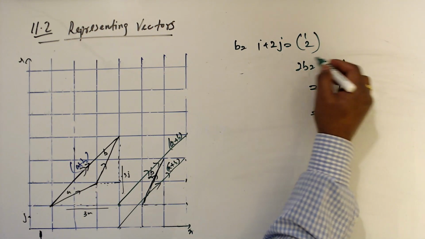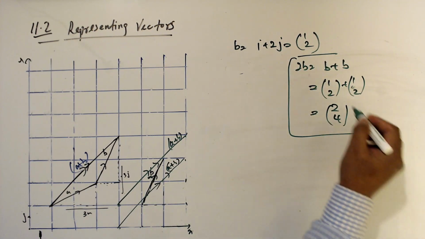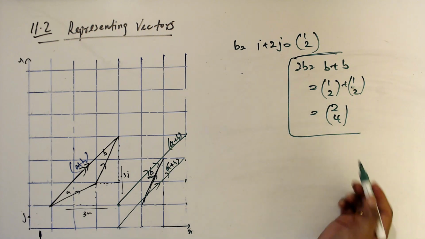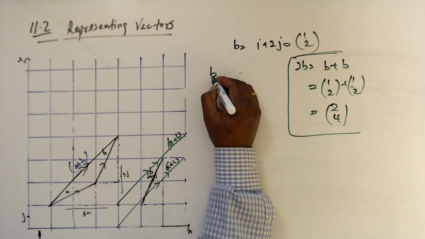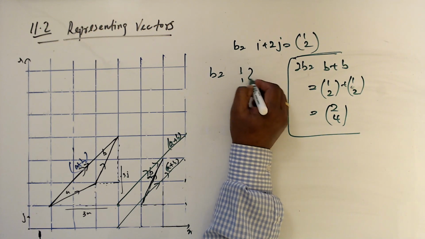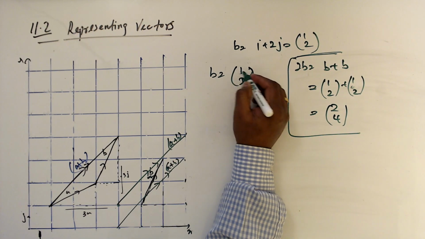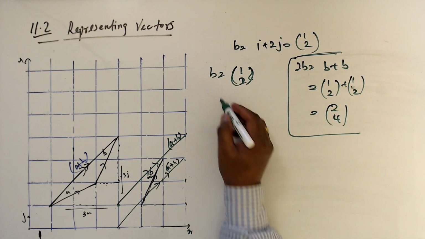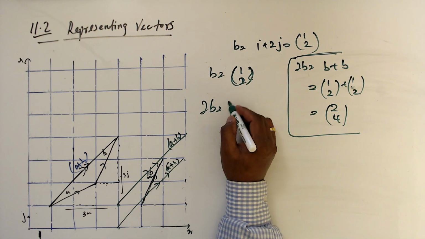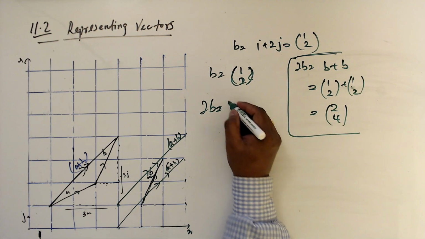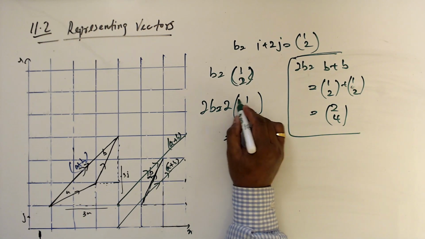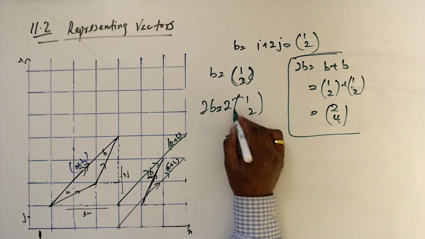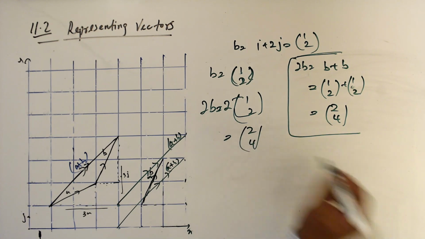So this is 2b, b plus b. Again we have b value 1 2. Then 2b is, instead of adding 2 times, we can multiply 2 times 1 2, which is 2 4.